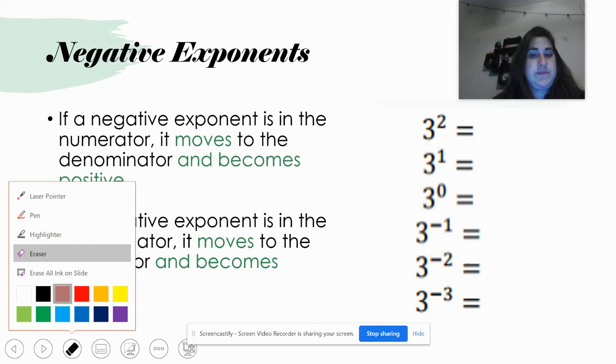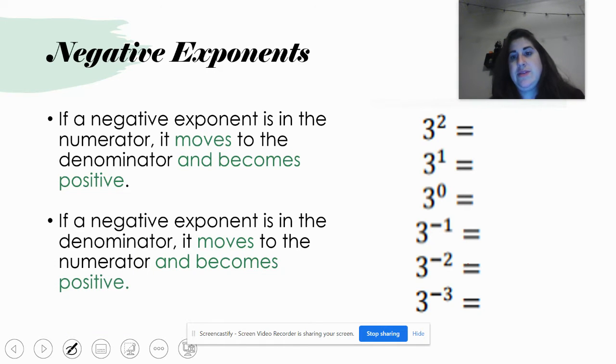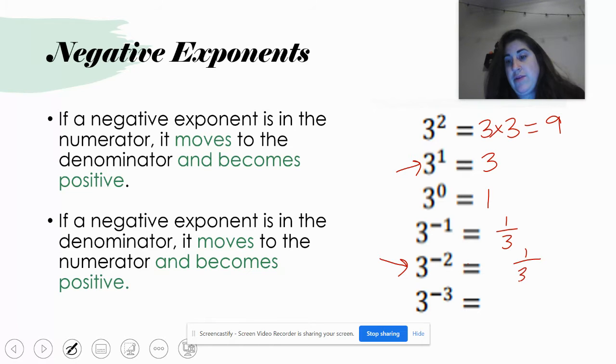For example, 3 squared is 3 times 3, which gives us 9. 3 to the power of 1 is 3, there's just one 3. 3 to the power of 0 is 1. Anything raised to the power of 0 is 1. 3 to the negative 1: remember how this was 3? We're just going to put it over 1. Right here, this would be 1 over 3 squared. What about this one? 1 over 3 to the power of 3.